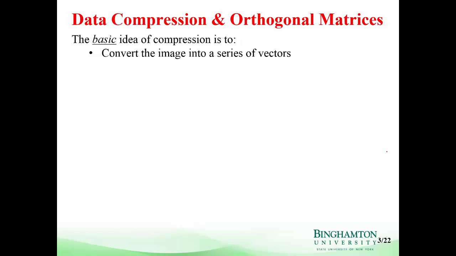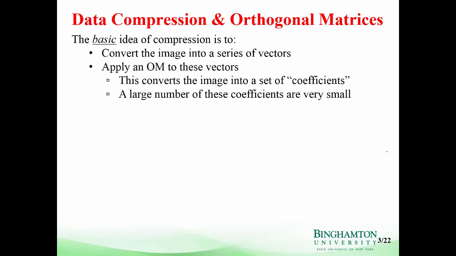But it could be as simple as slicing your image up into non-overlapping 4x4 blocks of pixels, and then each 4x4 block gets converted into a 16-element vector. You could just do the top 4, then the next 4, then the next 4, and then the bottom 4. It doesn't really matter how you do it per se. So we convert the image into a series of vectors.